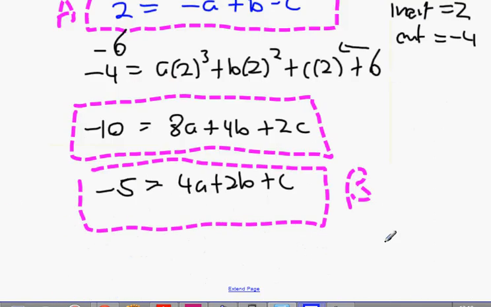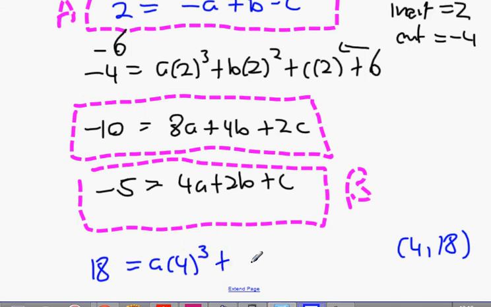It's (4, 18). Now I have to go into (4, 18). It's going to be 18 equals a times 4 cubed plus b times 4 squared plus c times 4 plus 6.